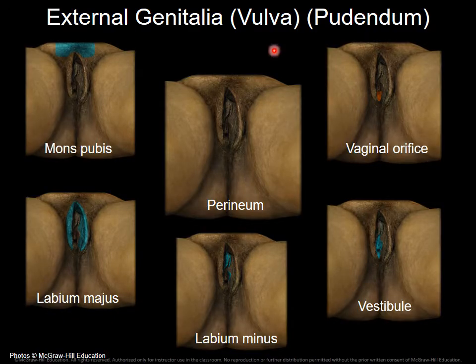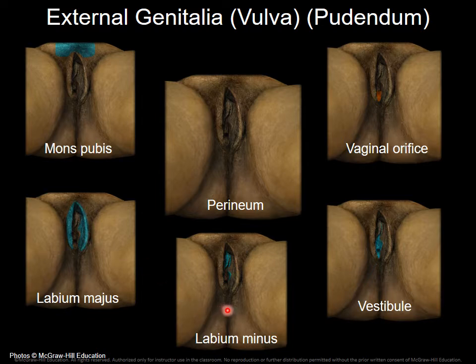So here we see a view of some of these structures. Again, the mons pubis is the fatty tissue that sits on top of the symphysis pubis. The perineum is what we refer to as this entire region. The labium majus is singular for these two larger folds of skin tissue that do bear pubic hair.